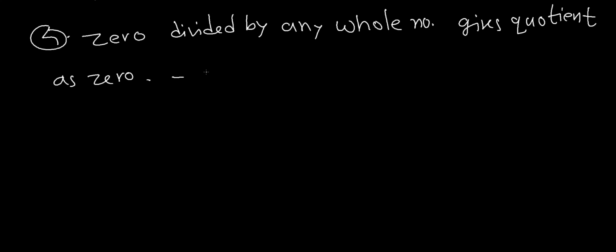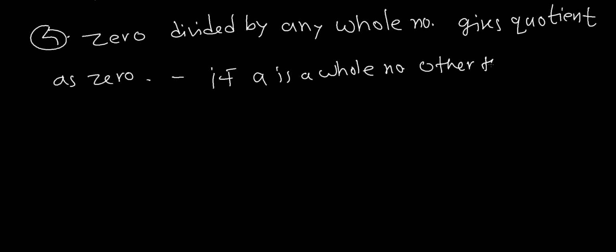In other words, if A is a whole number other than 0, then 0 divided by A is equal to 0.